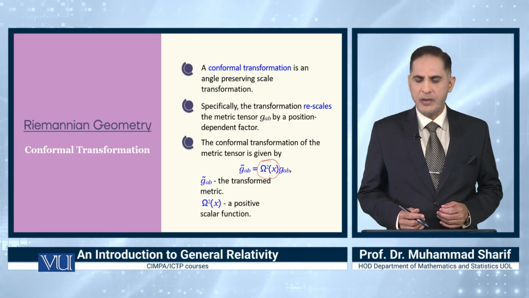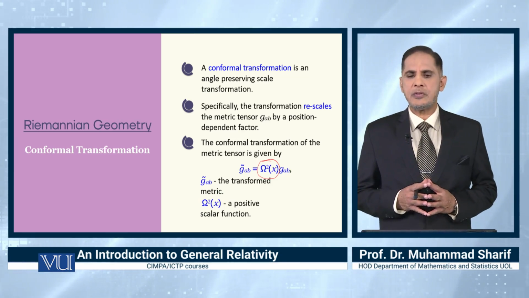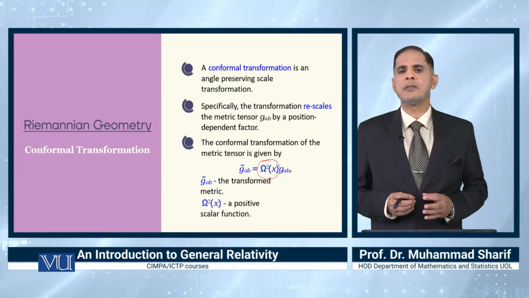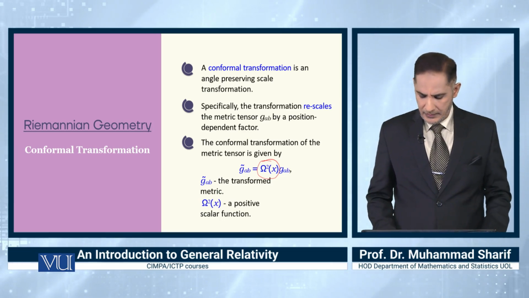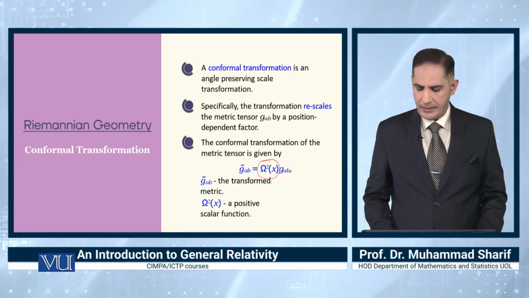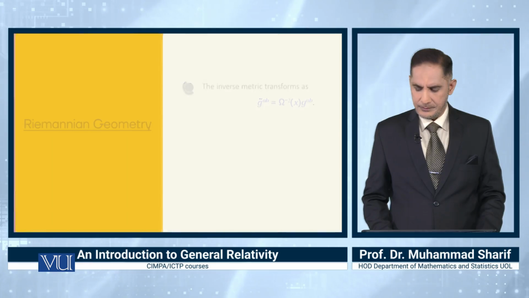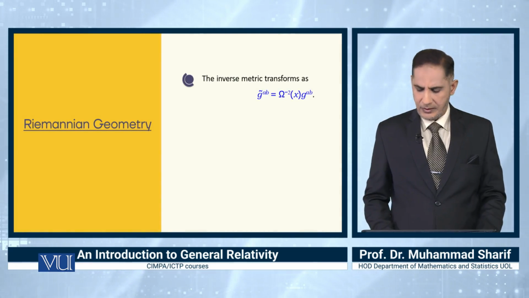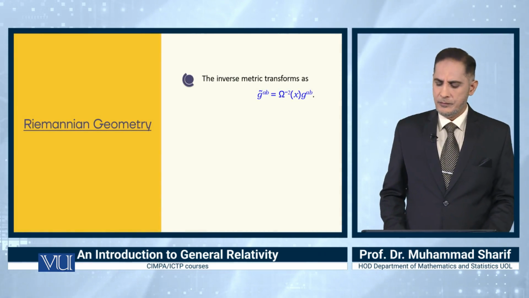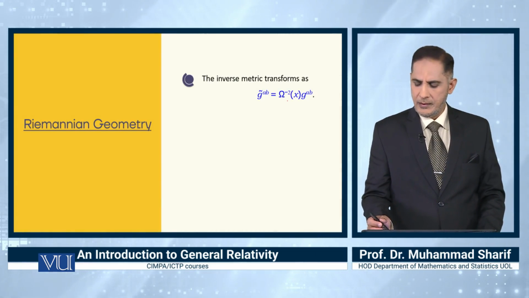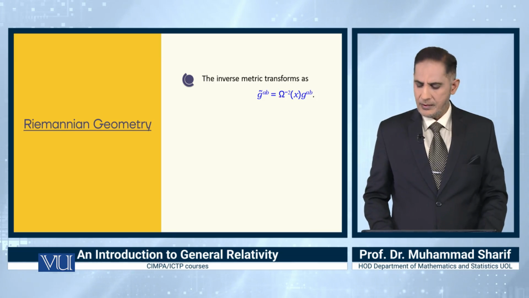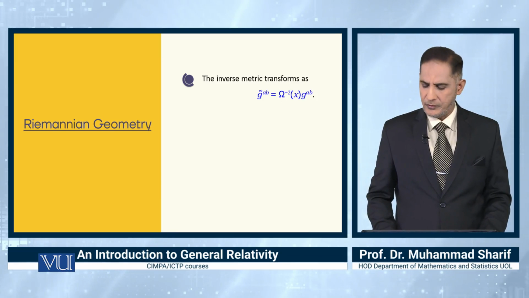Obviously when the metric tensor is changed, it means everything is changed, because this is the basic ingredient in Riemannian geometry. So for this reason, I would show some properties, like its inverse will be like this. Here we have found that this function has raised power -2.